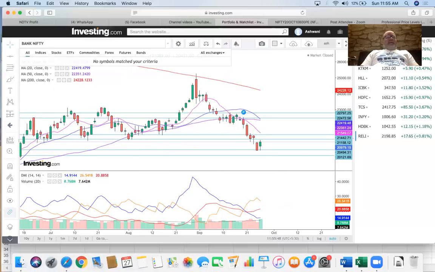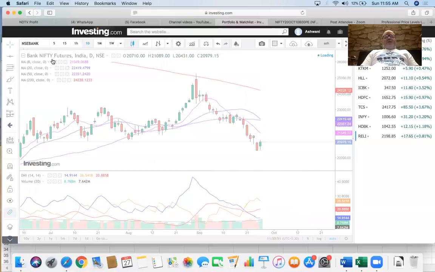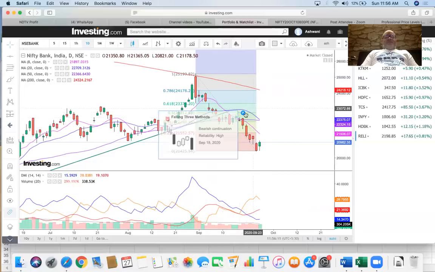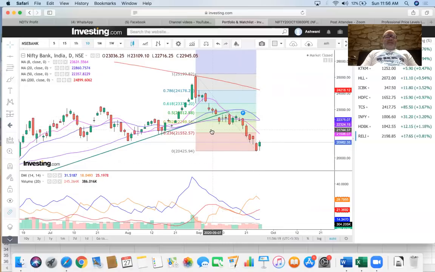Now the Bank Nifty spot chart. Here the 50% zone is about 22,800. The 38% zone is about 22,100. Somewhere in this 30 to 50% zone, you could have a pullback on Bank Nifty. 30% is more likely because it is very, very weak.